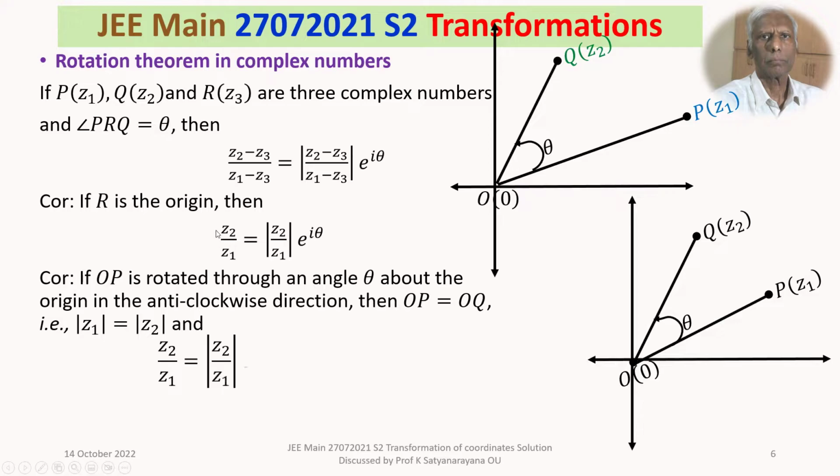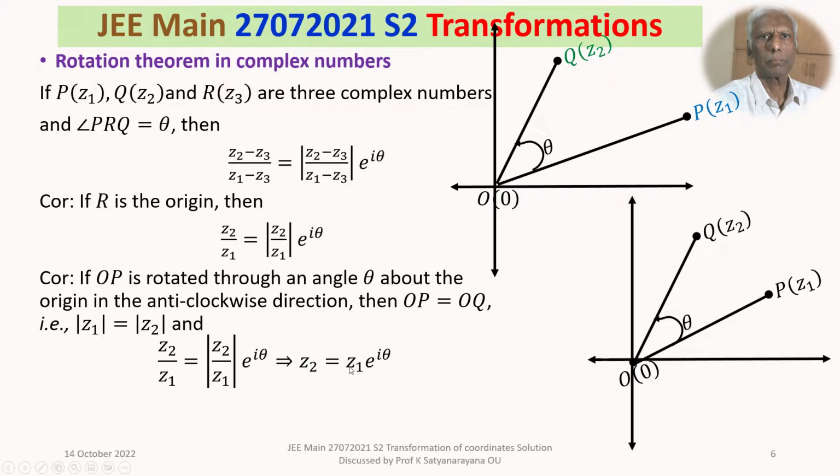Z2 by Z1 is equal to the modulus of Z2 by Z1 into e to the power of i theta. Now, mod of Z1 is equal to mod of Z2, therefore this will be 1. So, Z2 is equal to Z1 into e to the power of i theta.